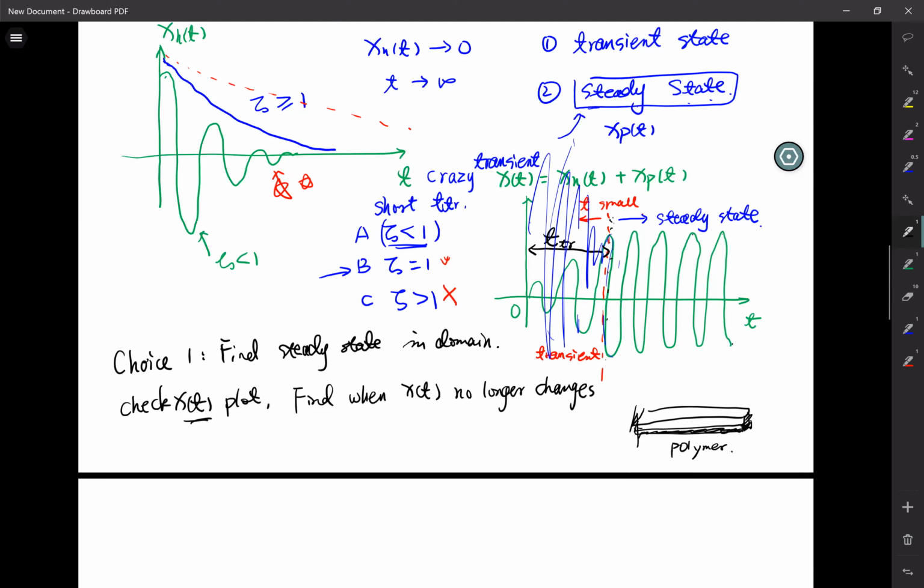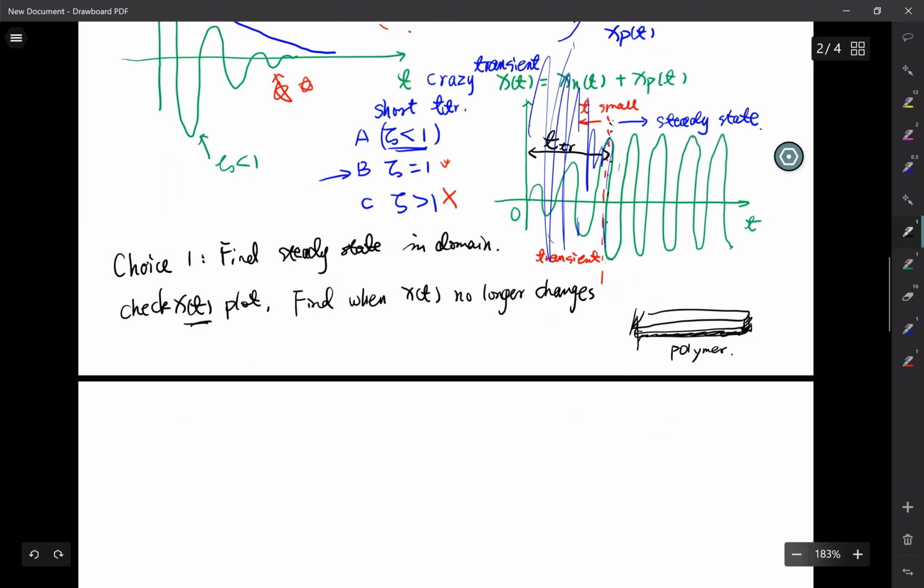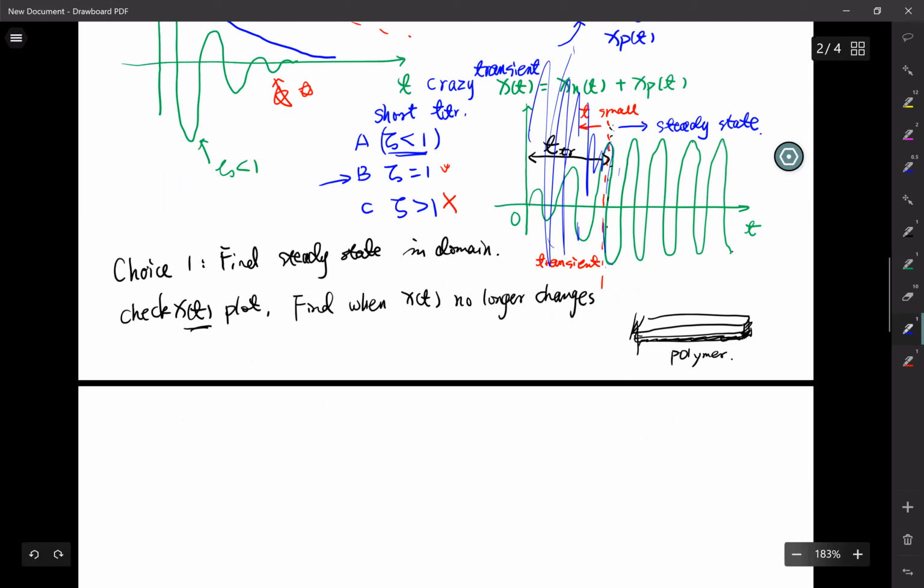So it takes 2 days or more to reach the steady state. So measuring the time domain response is not the best idea to find your steady state. That's why choice number 2 is important. We find it in the frequency domain.